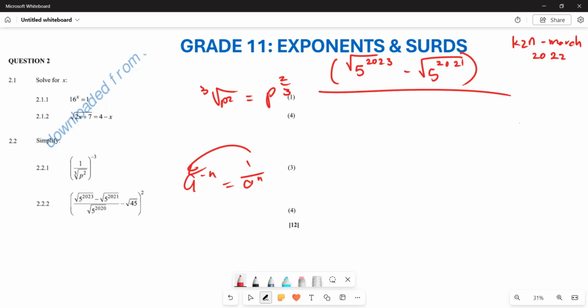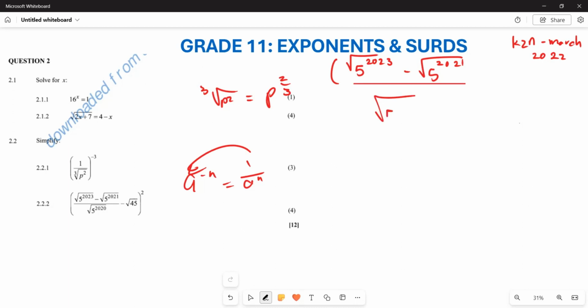This is going to be over the root of 5 to the power of 2020, subtract root 45, then all these close brackets squared.